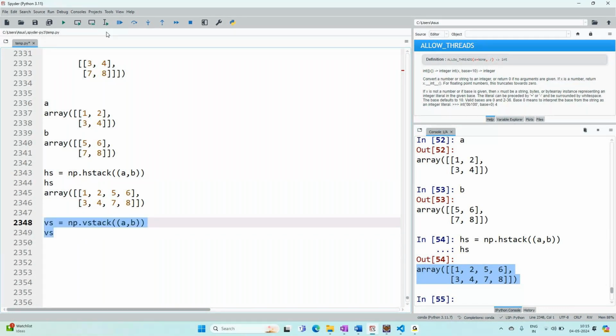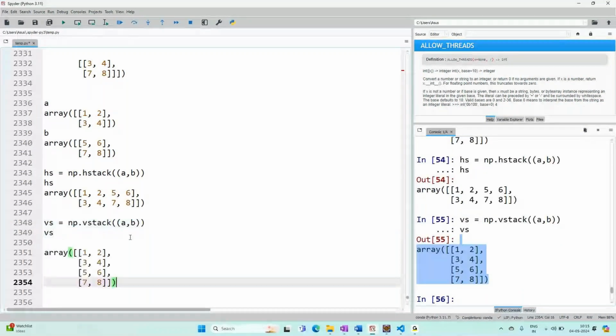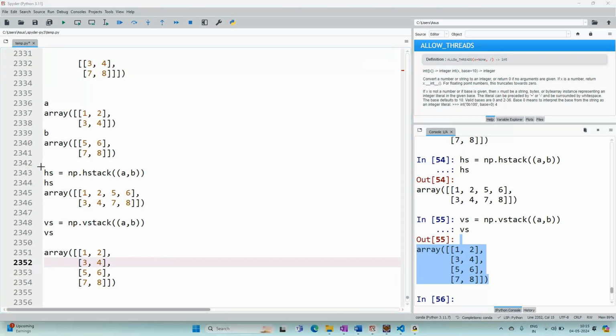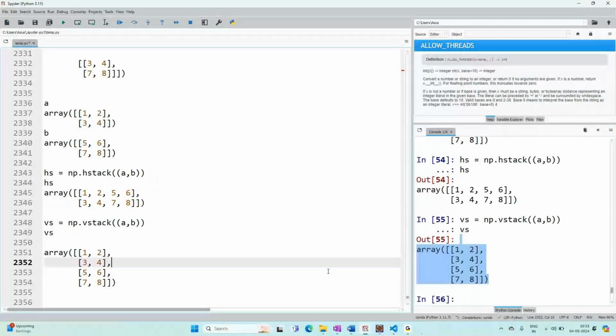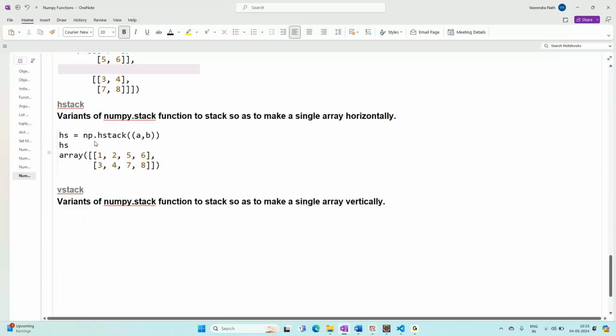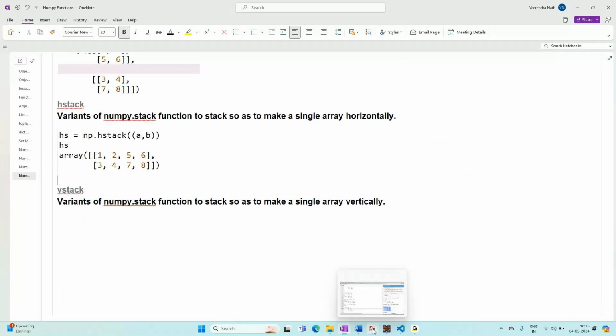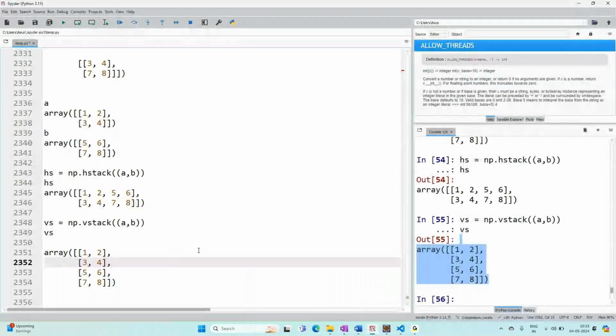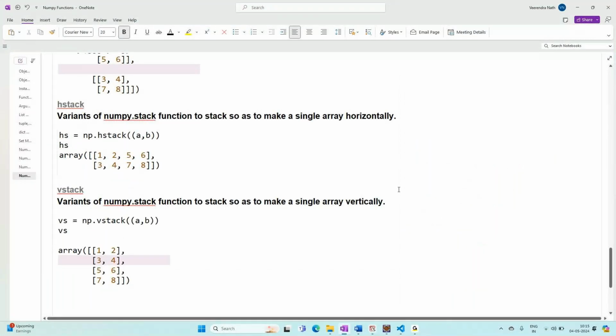Is it something similar to concatenate directly or not? Yes, V stack is similar to concatenate, of course. So in this way, you are looking at the combining of the arrays. Yes, clear? So this is the way that you are combining the arrays.